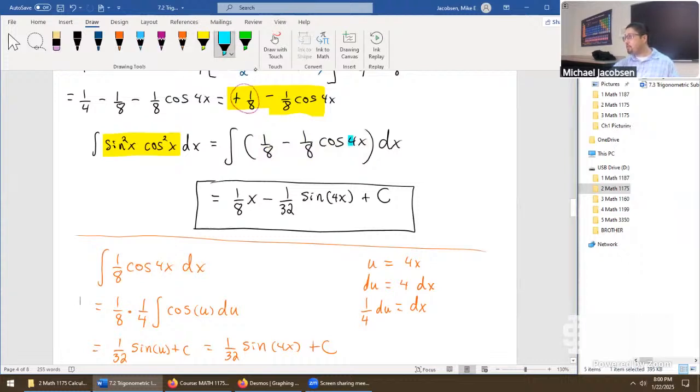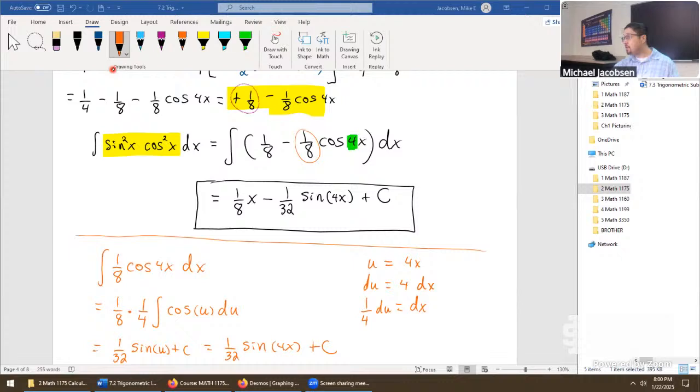if you have a 4 right here, let me pick a better color. If you have a 4 right here, you're just taking this 1/8 and dividing 4 into that location to get the same exact result we saw down below.